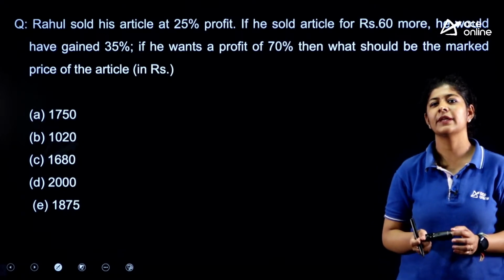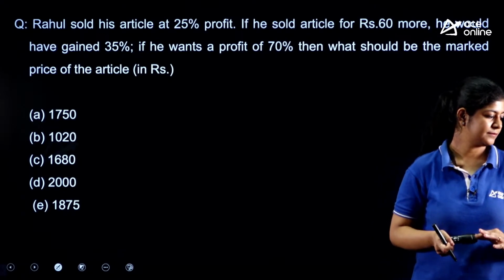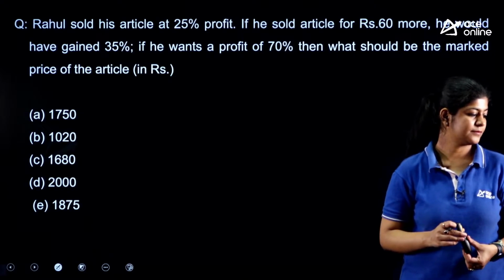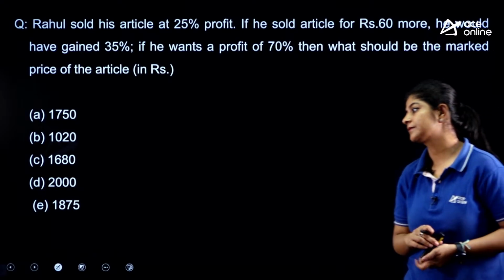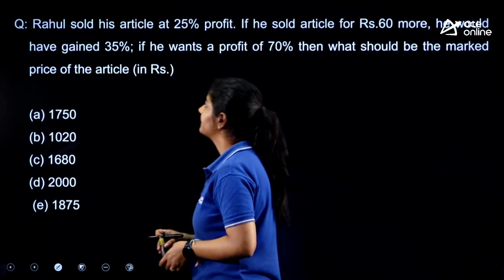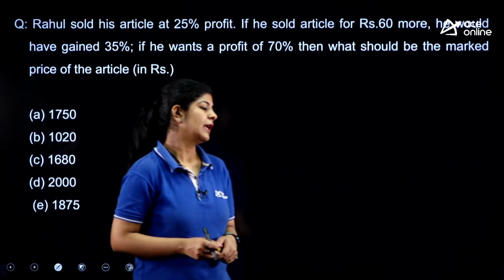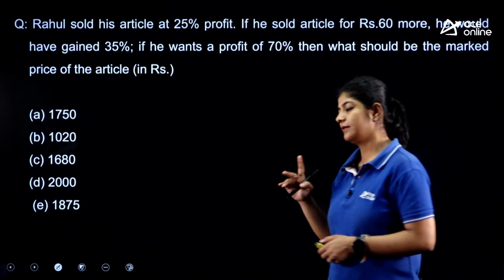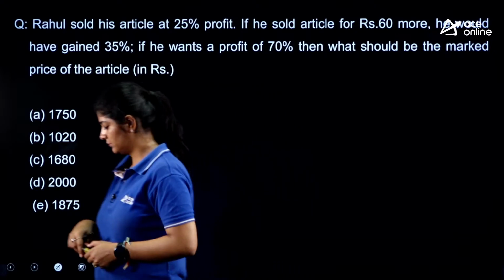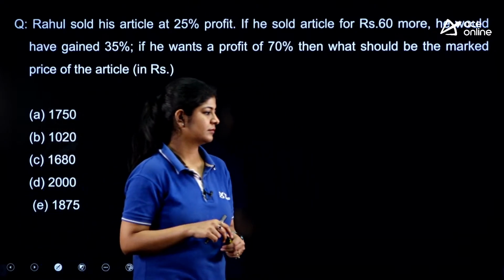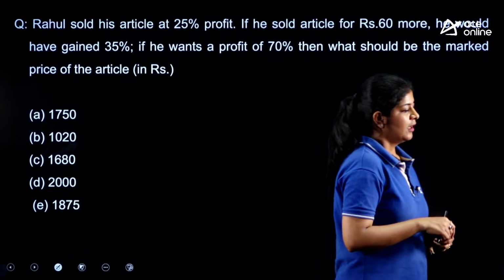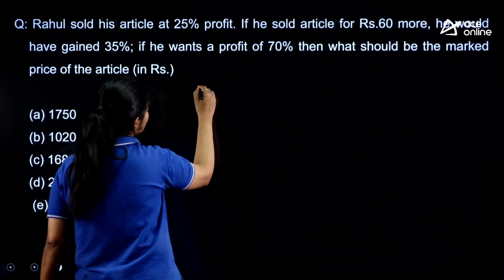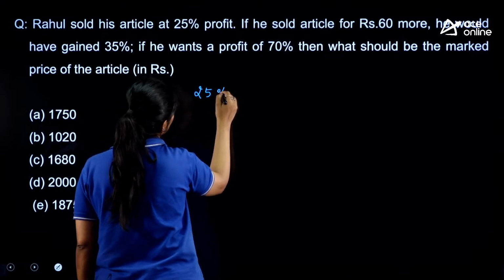It's a very simple one. We can easily solve this particular question in just 2 lines. So the question is saying that Rahul sold some article at 25% profit, right?